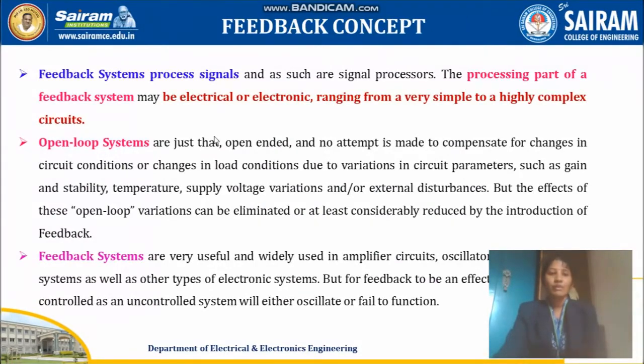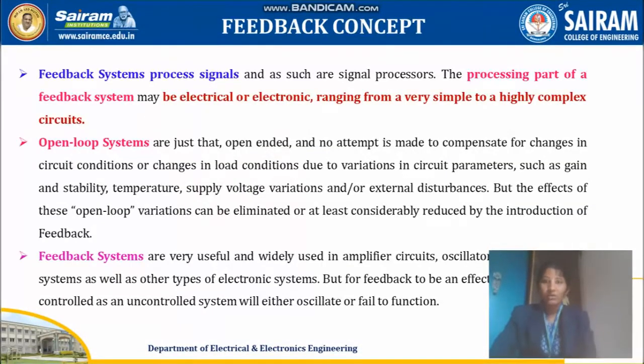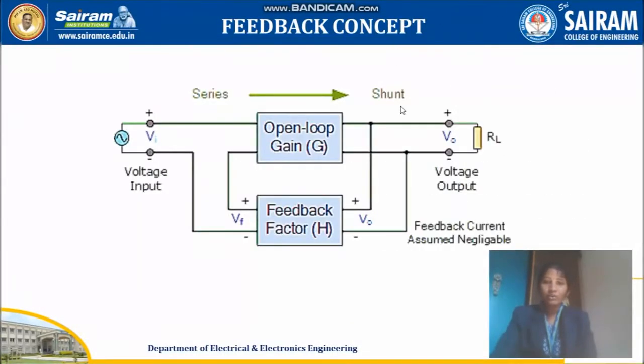So what is meant by feedback? What is the feedback system going to process? The feedback system is going to process the output varying quantity. For example, in this you are going to take the reference signal from the output. Whichever quantity is varying, for stability, that is, your output has to be constant for any variation in your input.